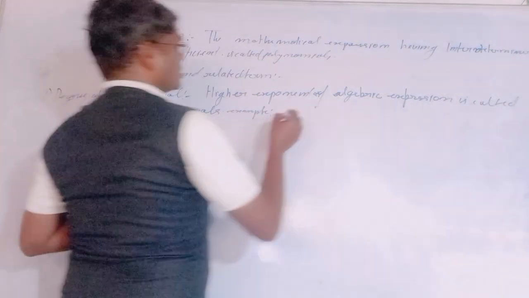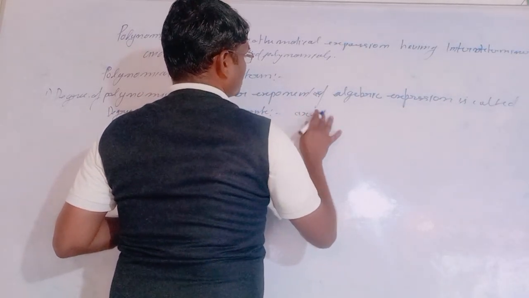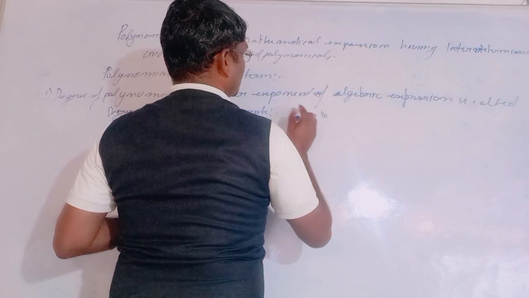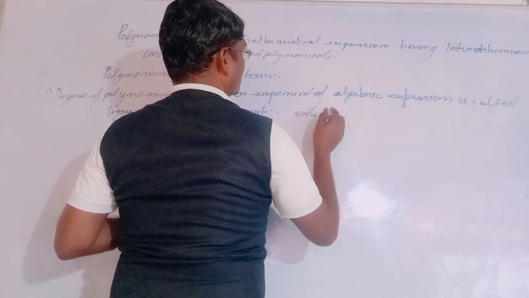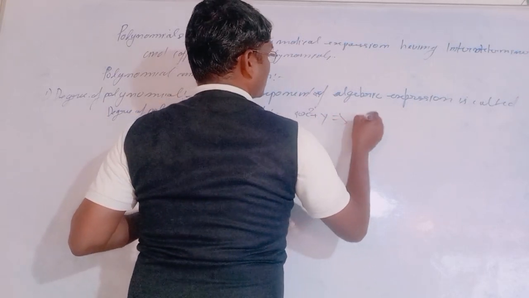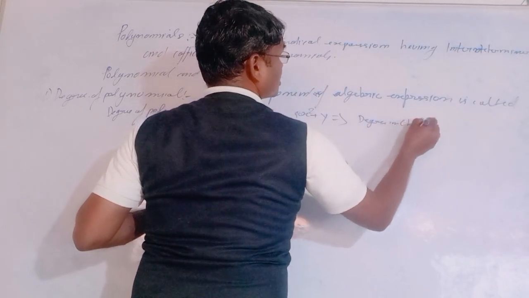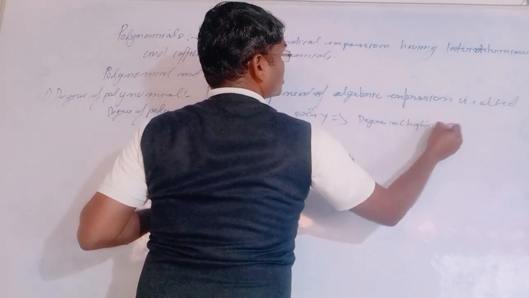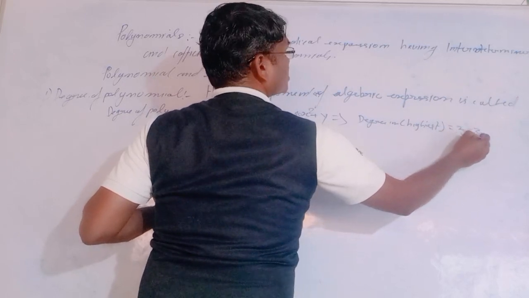Example: suppose we take the example for the degree of polynomials. Here is ax plus b, x plus 10, also 10x squared plus y. So here the highest degree is x equal to 2 and y equal to 1.